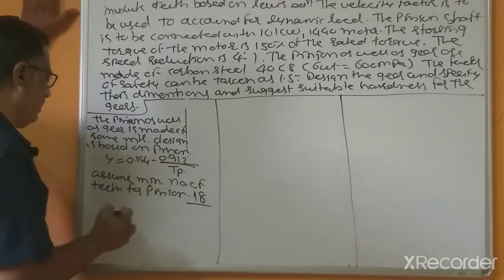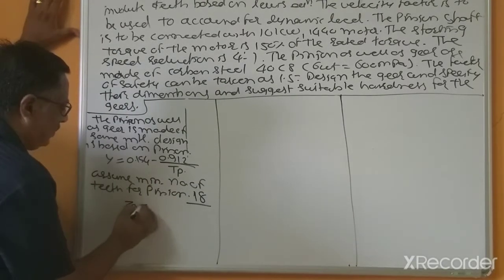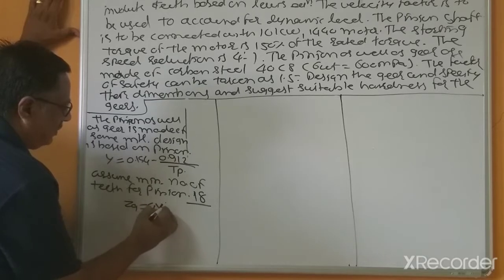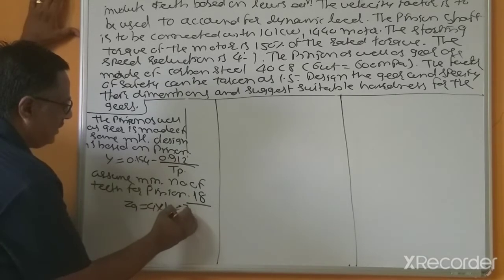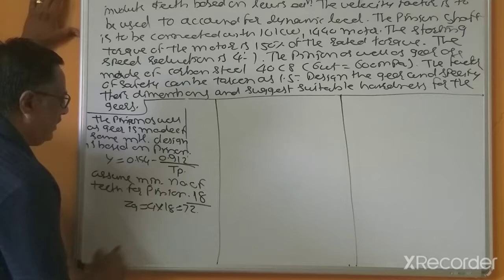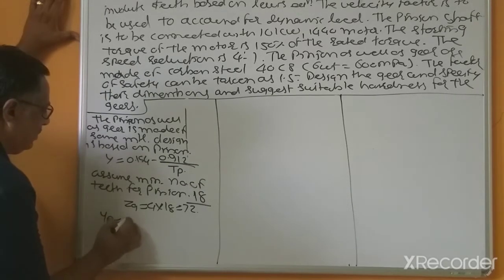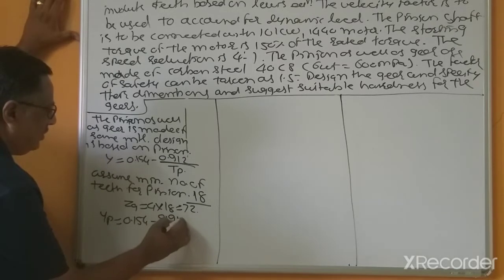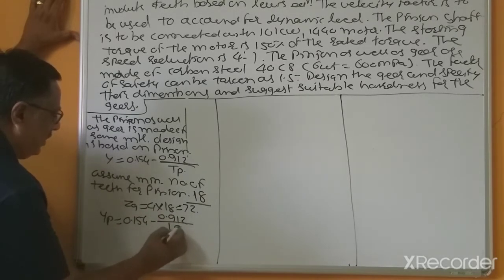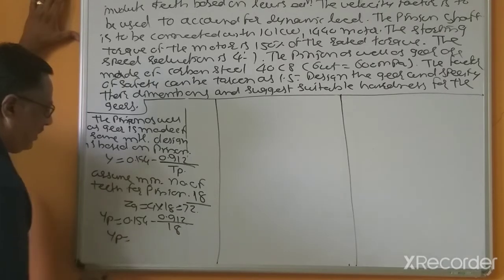So ZG equals 4 into 18, which is 72. Now YP equals 0.912 divided by 18.